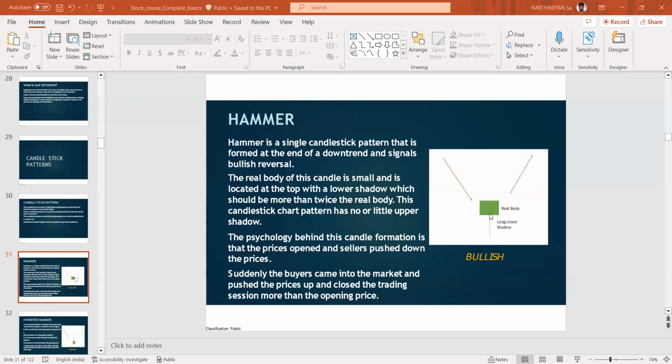Buyers have stepped in and pushed it upper. The open is marked here and it closed higher. In this case the price reached the low, and the high and close are the same. So this candlestick we can consider as a potential reversal. I'll show this candle on one of the charts, maybe.